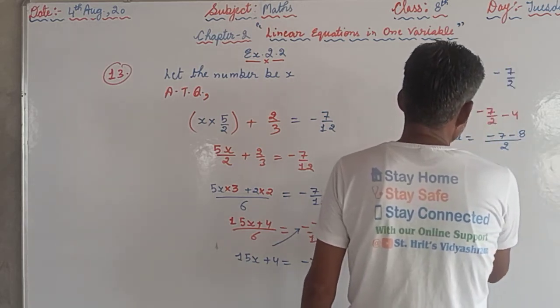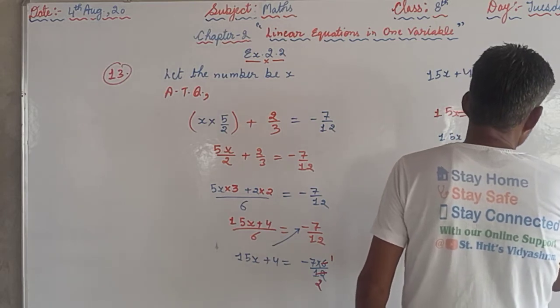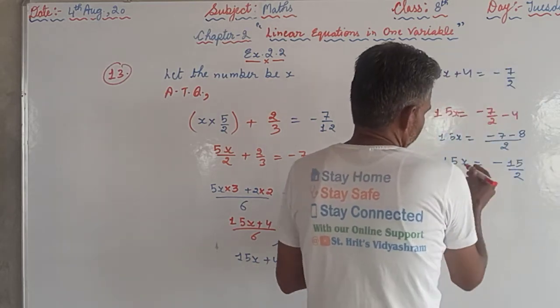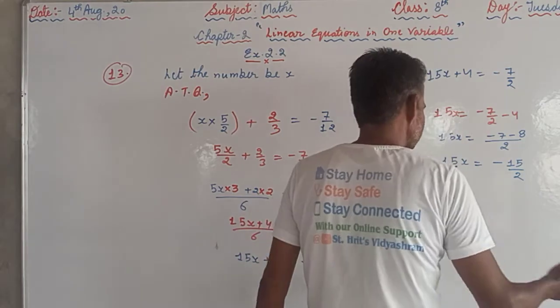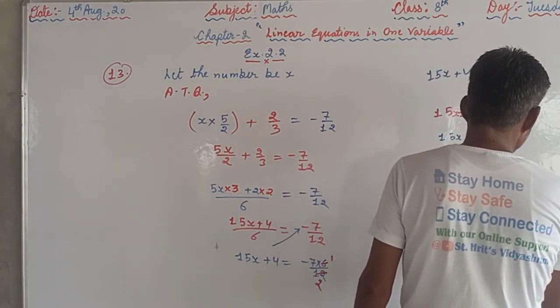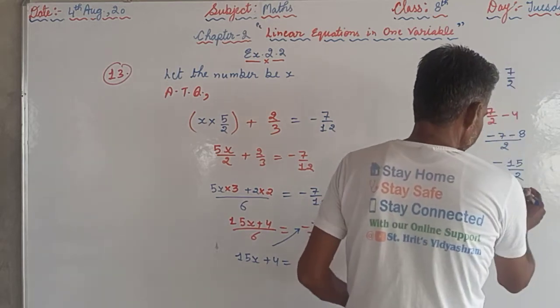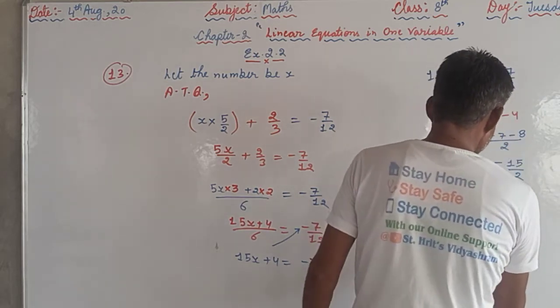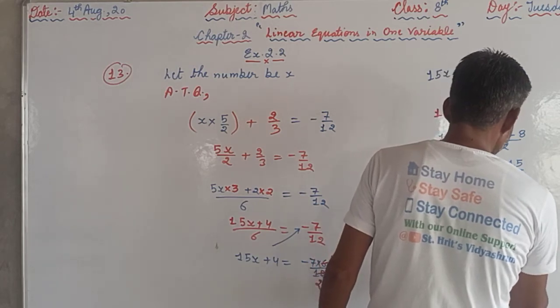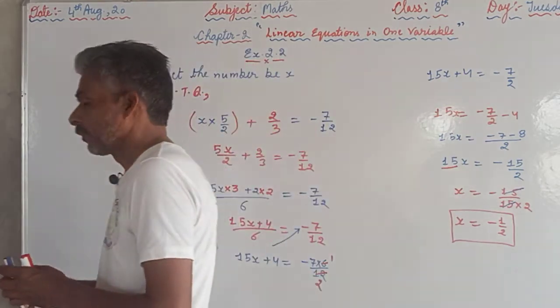So 15x will be equals to -15 upon 2. Now the 15 is here, so we will take that to the right hand side, that will become x is equals to -15 upon 15 into 2. So 15 will cancel out 15, and we will get the answer x is equals to -1/2. So -1/2 is the required rational number.